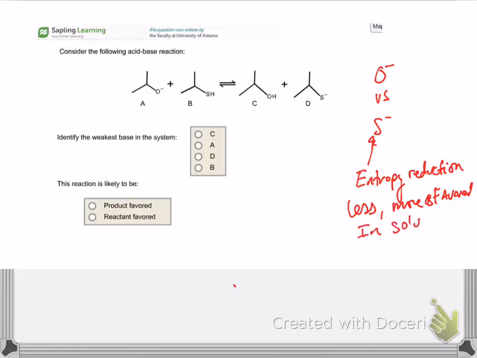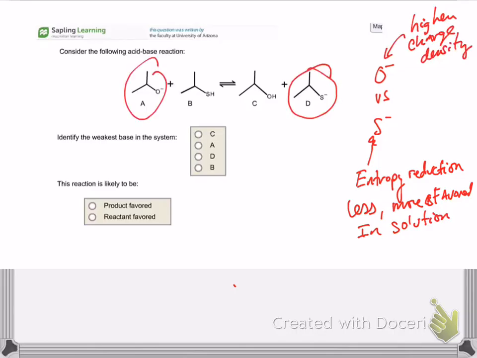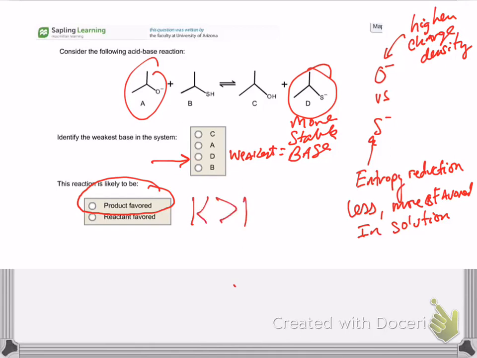O minus is going to have the highest charge density, so we would say that D is going to be the weakest base, most stable. D is going to be the weakest. This is likely to be product favored since the weakest base is in the products. K would be greater than 1.